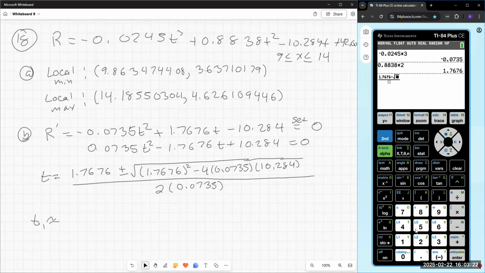The square root of 1.7676 squared minus 4 times 0.0735 times 10.284, all over 2 times 0.0735, and we get the left-hand side answer here.